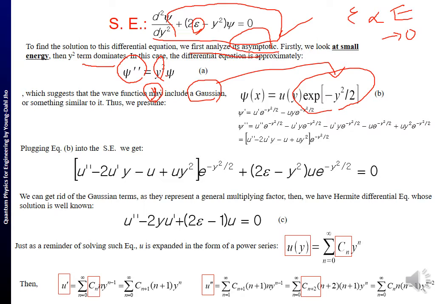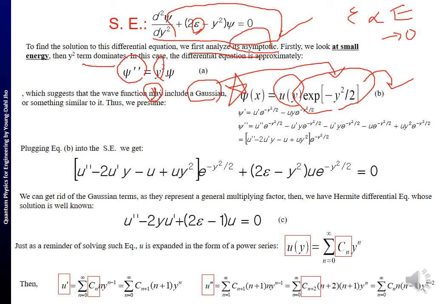If we take the derivative, you will see minus y is multiplied, right? But surely the general function should include some additional function we don't know. Thus we presume that psi has this formulation.